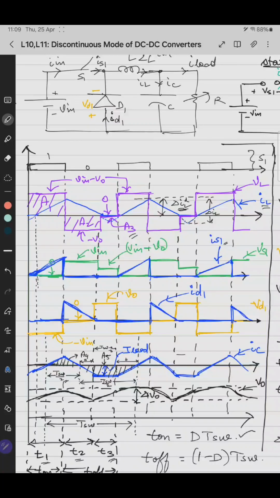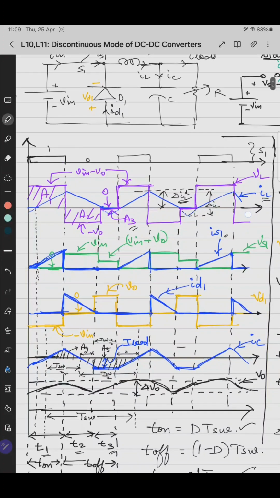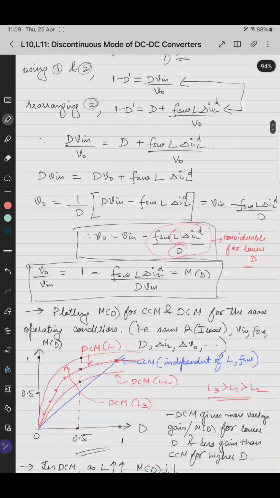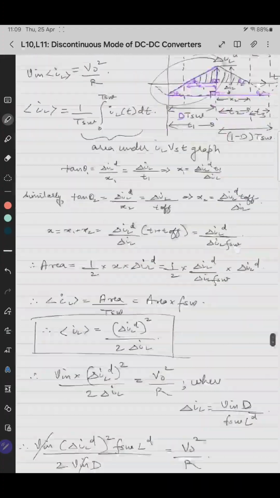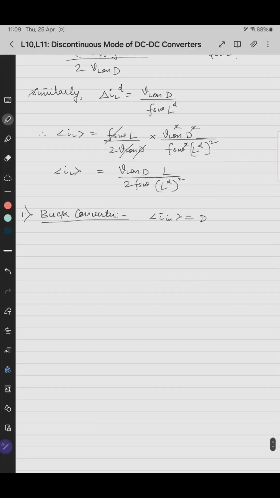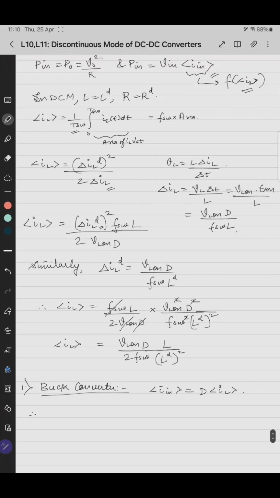Rest it is 0, which means IN is T on times IL, that is D into IL. D means capital D, so IN is capital D into IL. Therefore, now we'll write the power expression.